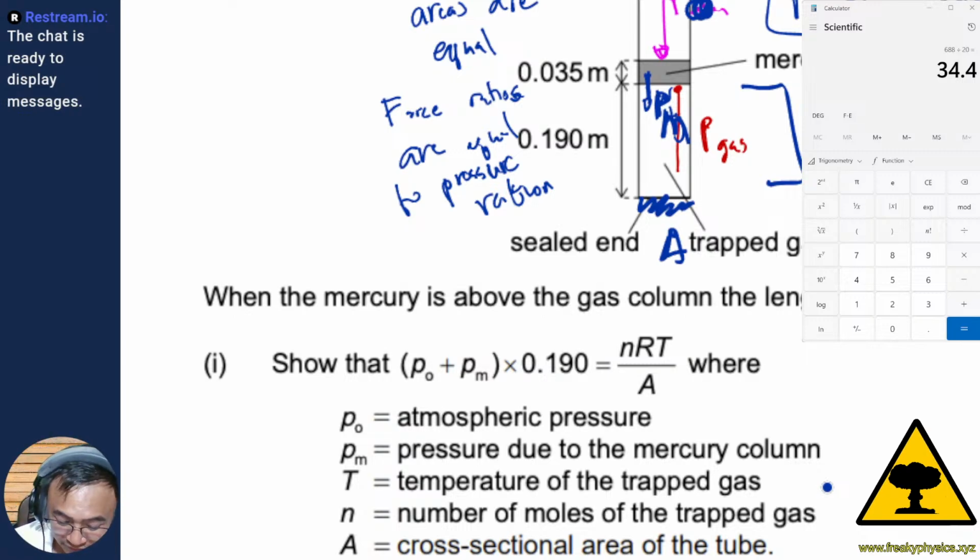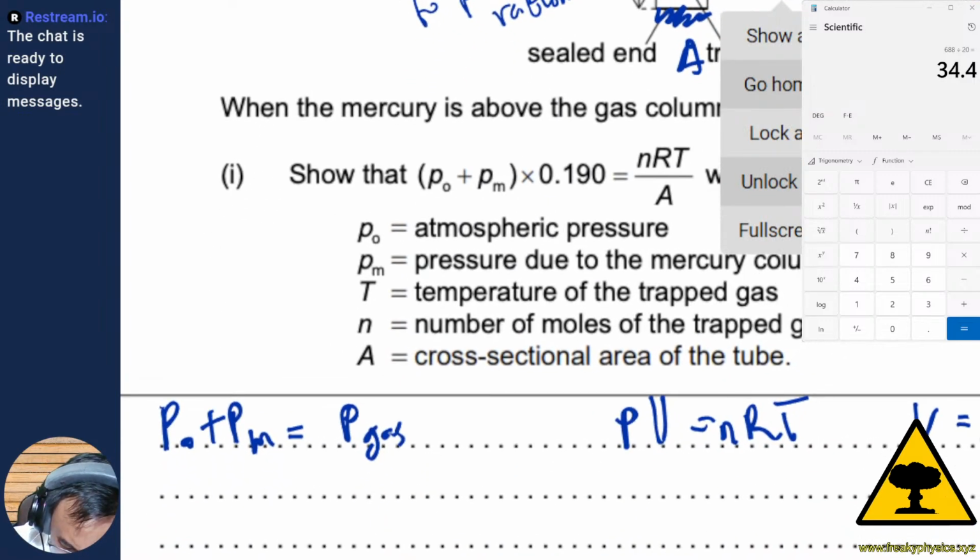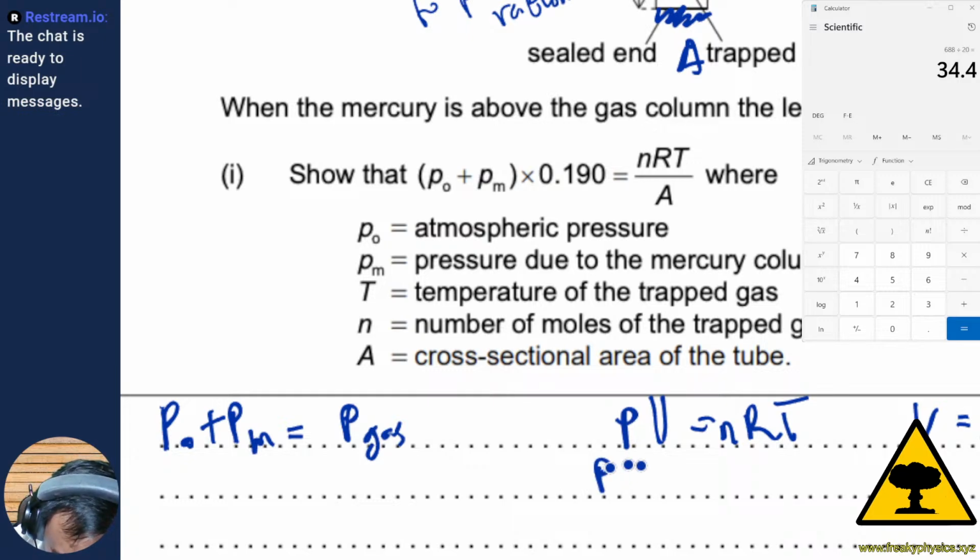From here we can see where the over A comes from, and we know that the height is 0.190. So all we have to do now is put everything in. So this is P times 0.190 times A equals nRT.